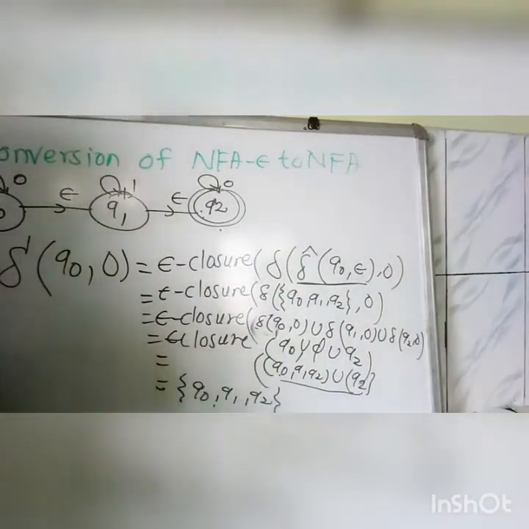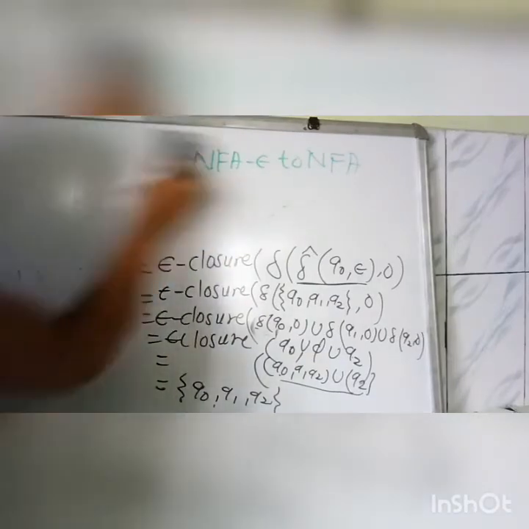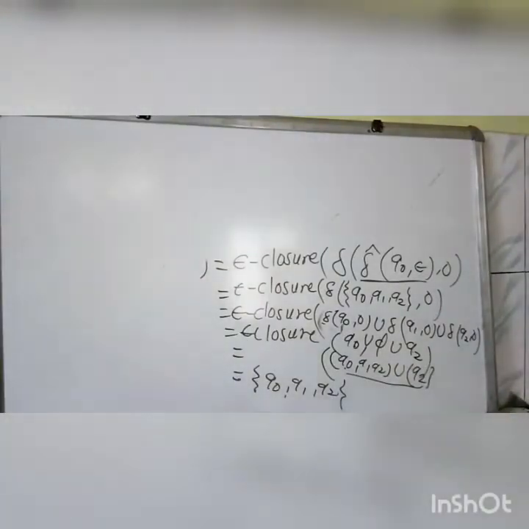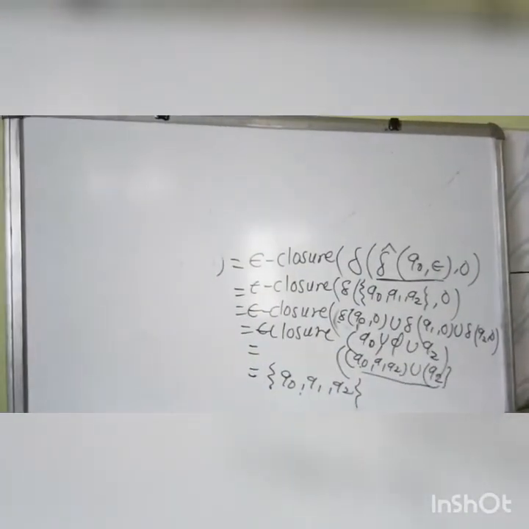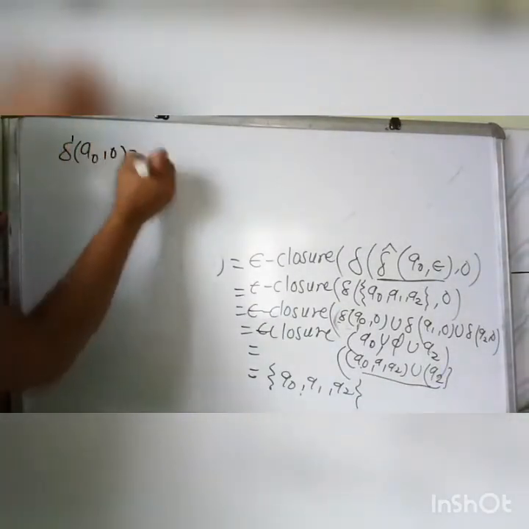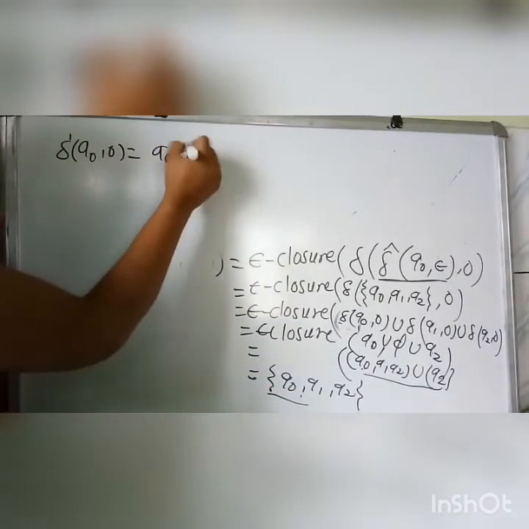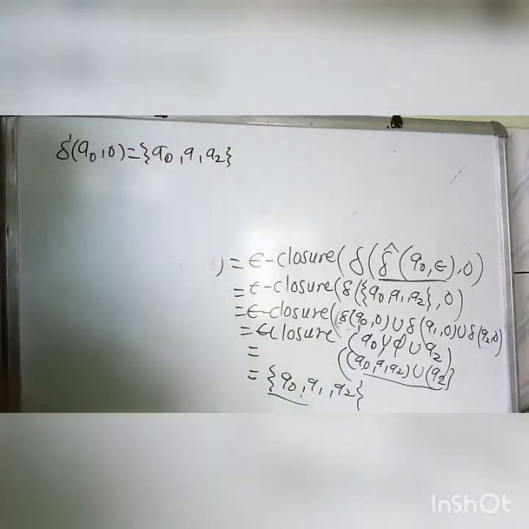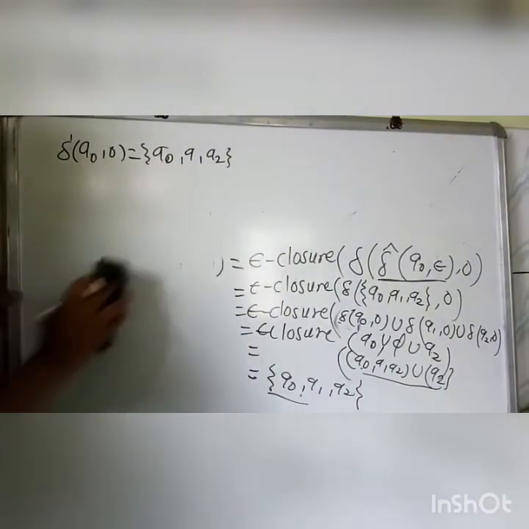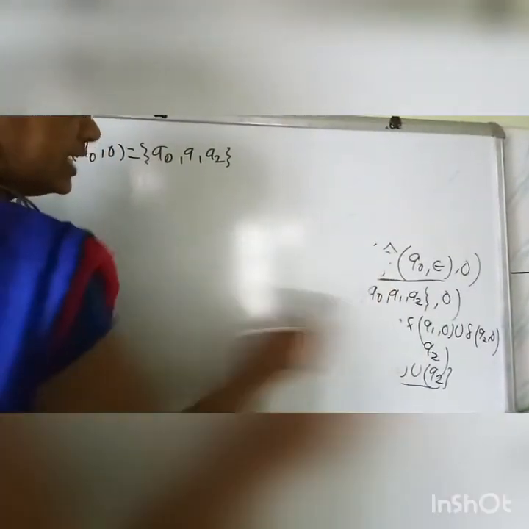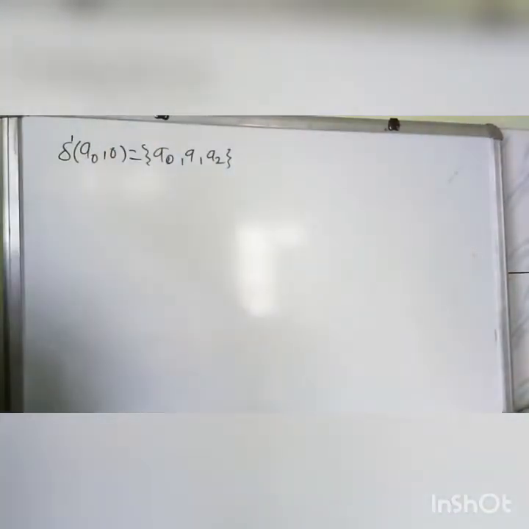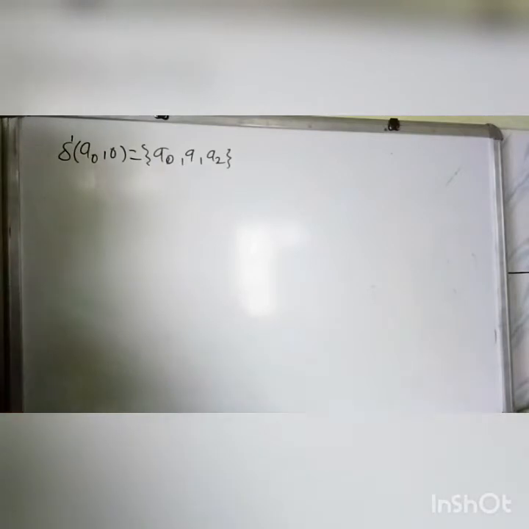So the delta dash of Q0 on 0 is Q0, Q1, Q2. Now, applying the same mechanism for the remaining inputs, means delta dash of Q0 on 1, then delta dash of Q1 on 0, Q1 on 1, and so on.